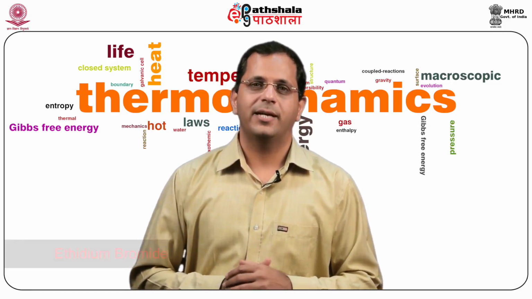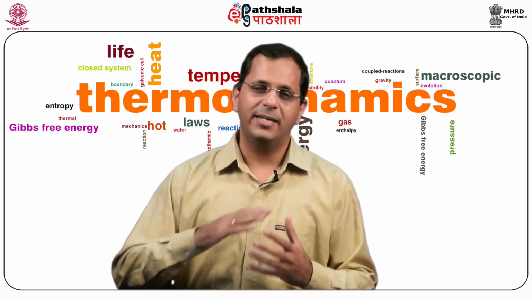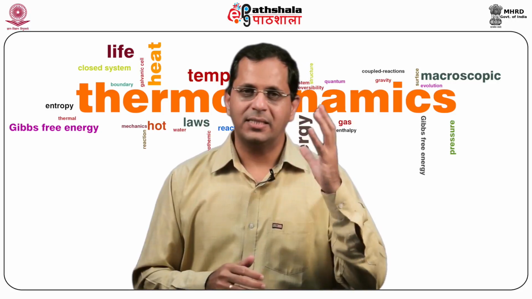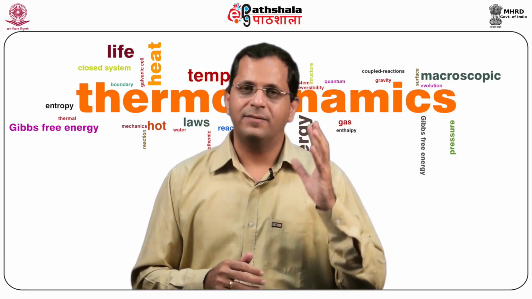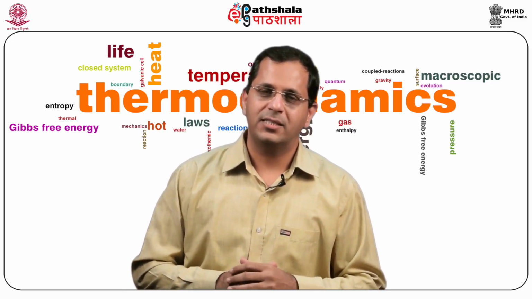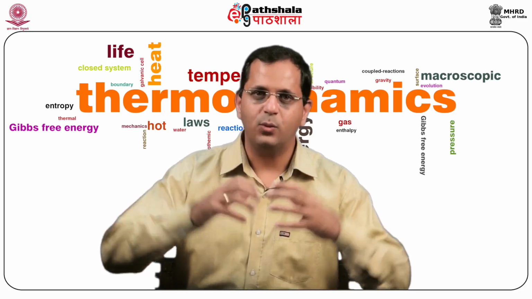Now, let's talk about ethidium bromide. Ethidium bromide binds to DNA by intercalation between the stacked bases. As you understand, there is a sugar and the phosphate group in the backbone of the phosphodiester bonds, and you have the nitrogenous bases that are inwards.